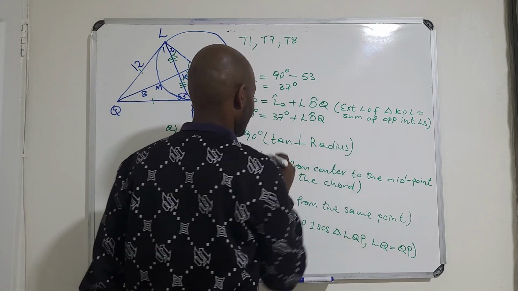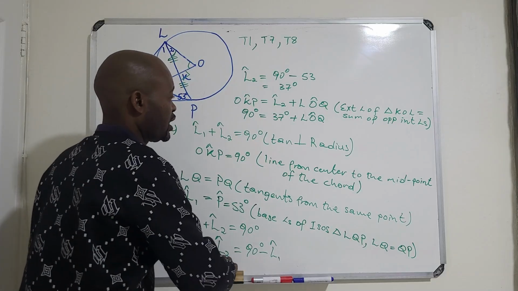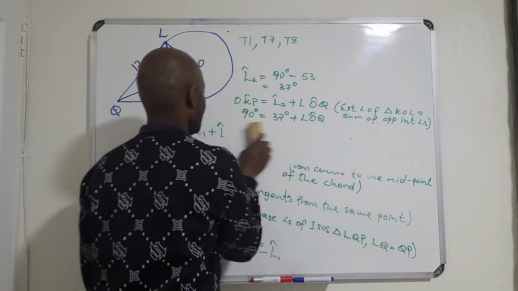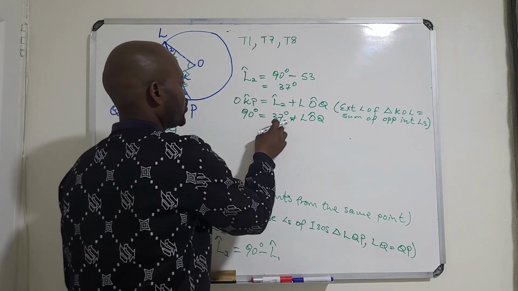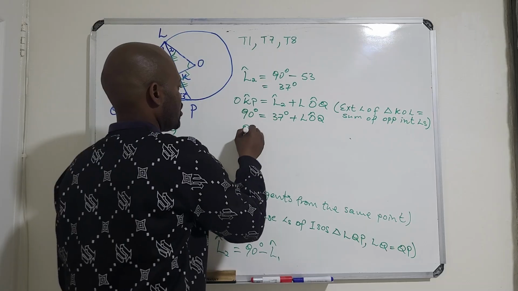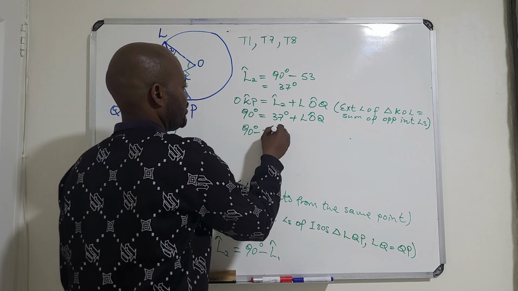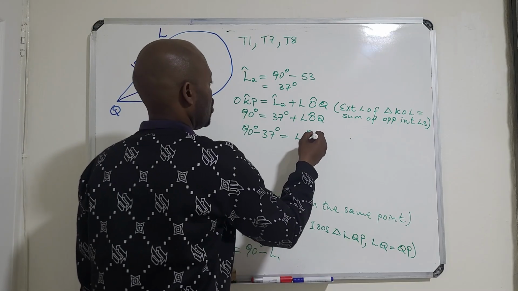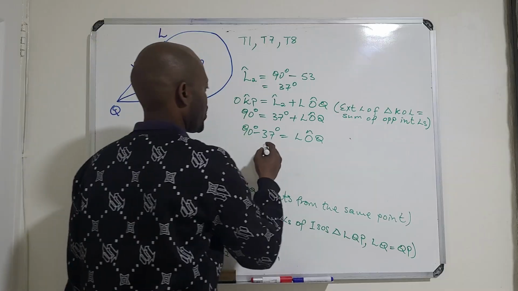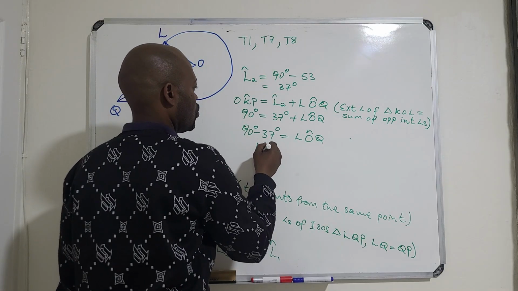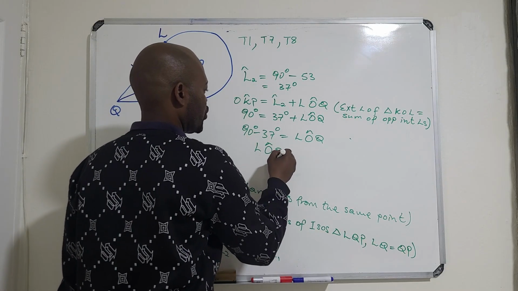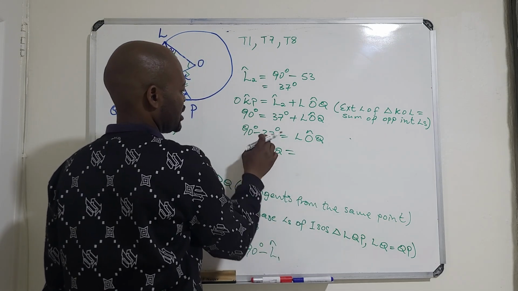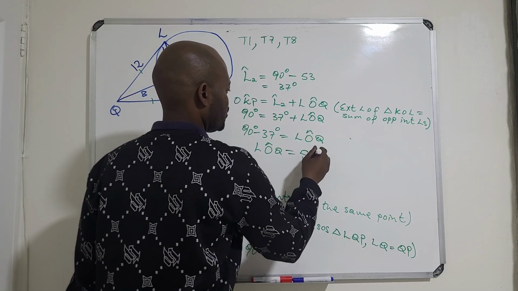Therefore, we have 90 minus 37 degrees, which is equal to angle LOQ. Angle LOQ is equal to 90 minus 37, which is 53 degrees.